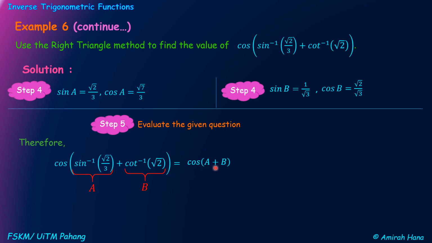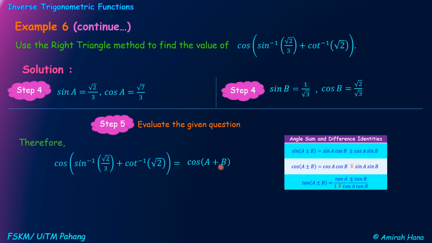This is one of the sum and difference angle identities, so we refer to this formula. If the bracket has plus, we need to use the minus sign here. So cos(A + B) equals cos A cos B minus sin A sin B.